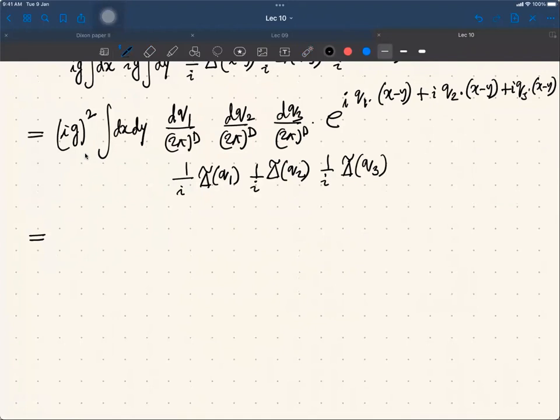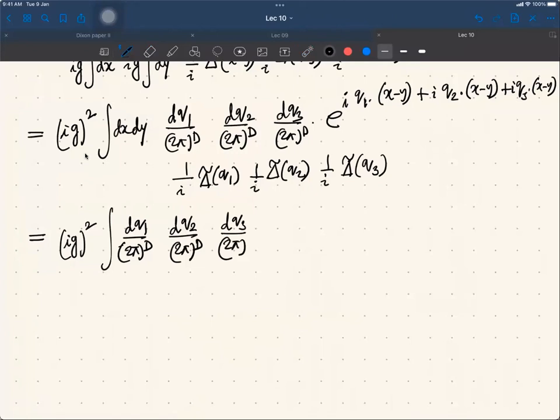Then I do both the x and y integrals. (Ig) squared integral dq1 over 2 pi to the power d, dq2 over 2 pi to the power d, dq3 over 2 pi to the power d.